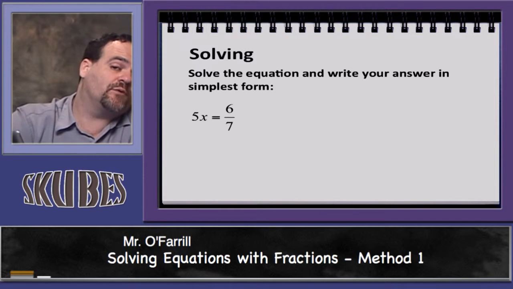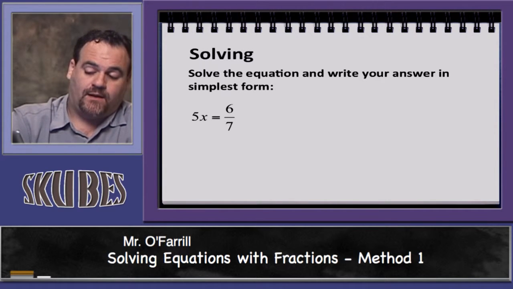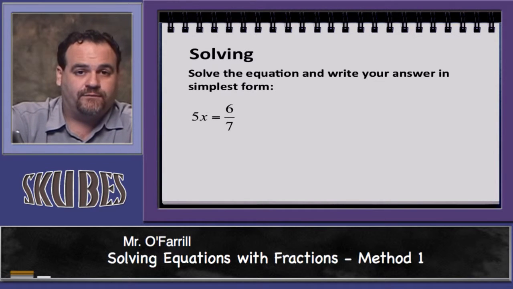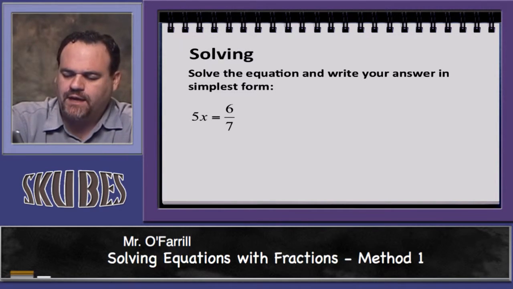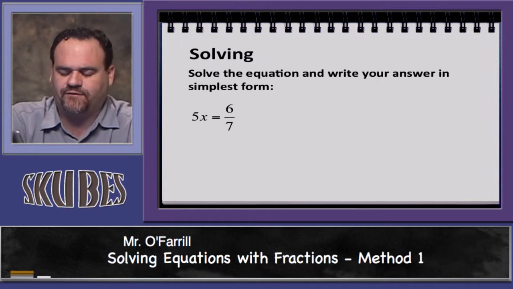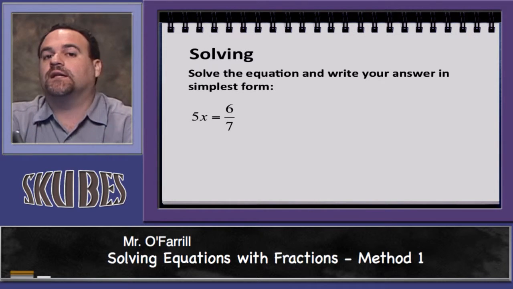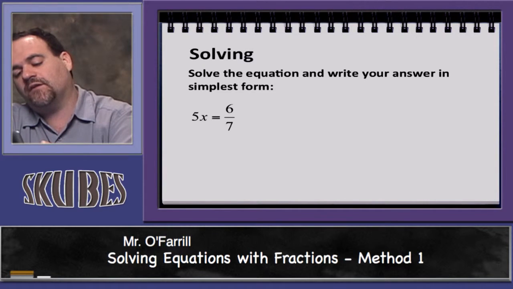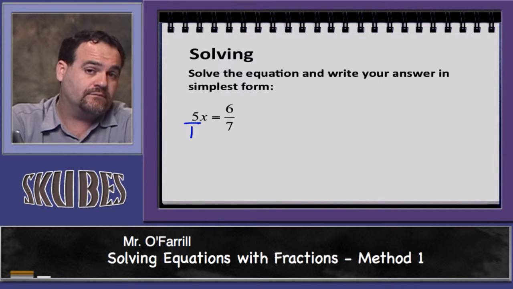And finally, we're just going to deal with one more that doesn't look like we have only fractions. We have the number 5, doesn't look like a fraction, and we have the number 6/7, that's definitely a fraction. We're going to treat this a lot like the problem that we just did, but you want to remember that when you see the number 5, that's really 5/1.